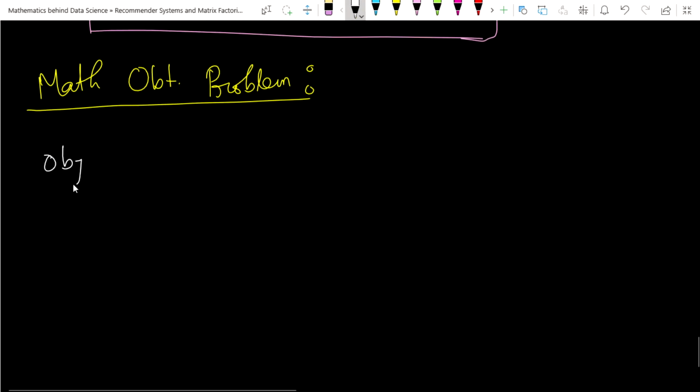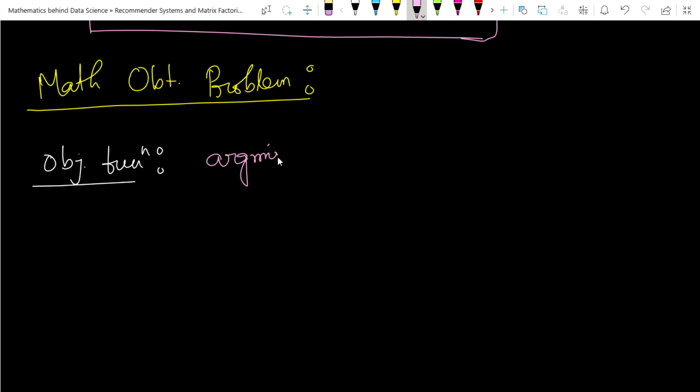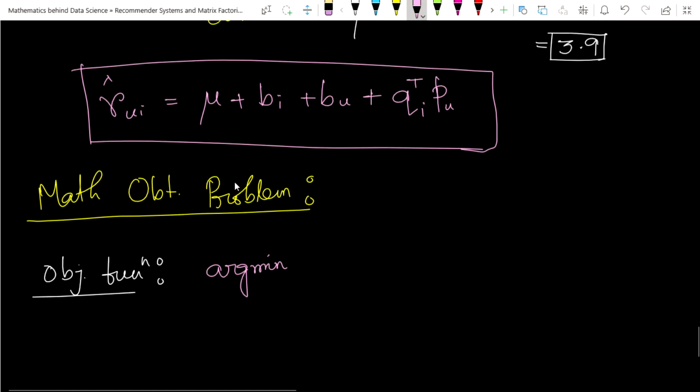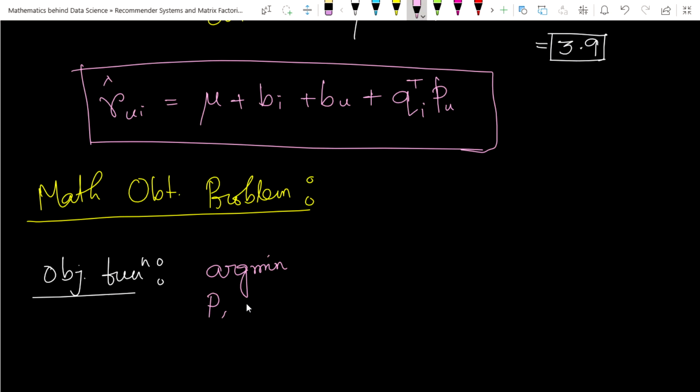Let's see. The argmin of, we have to find what things we have to find. We have to find the P matrix first, then we have to find the Q matrix.